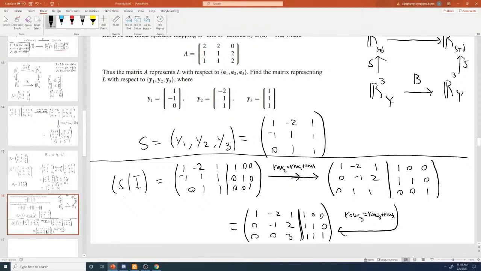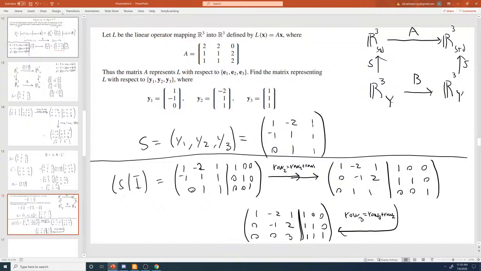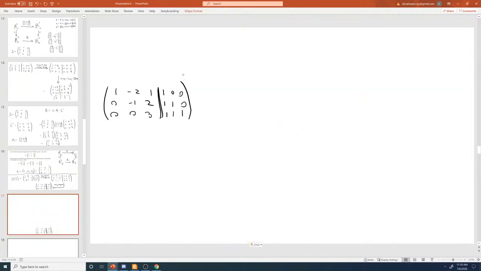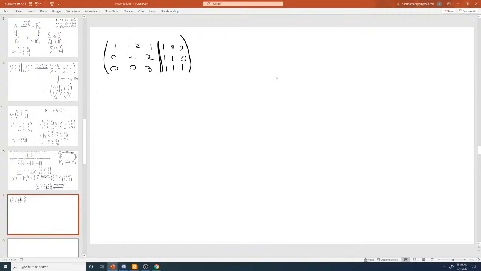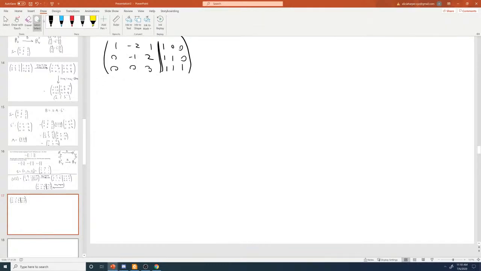I take this to a new slide. So the first thing I'm going to do here is divide the second row by 3.